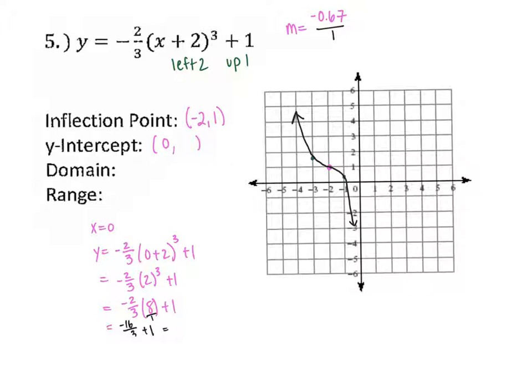So that's -4.33. Okay. So it looks like when x is 0, y is negative 4.33. So I'm going to put that decimal value here. So negative 4.33. And so I have my y-intercept.